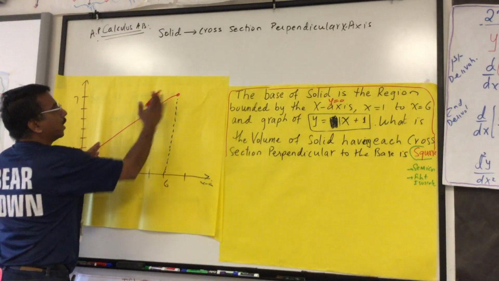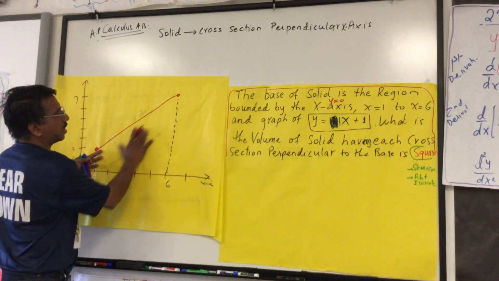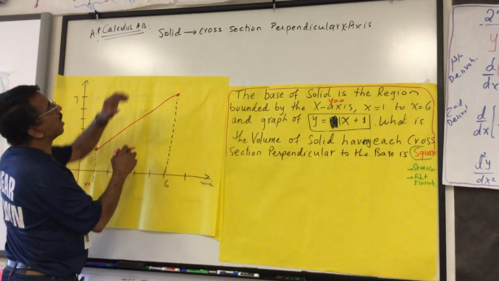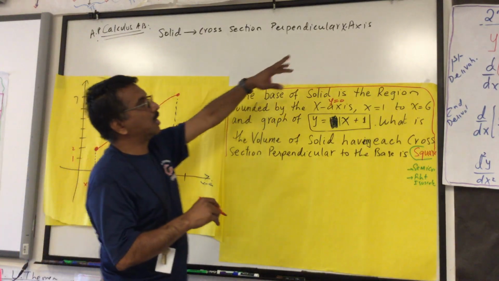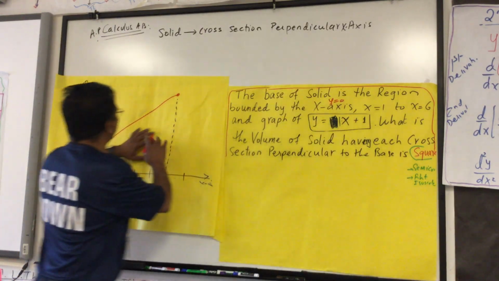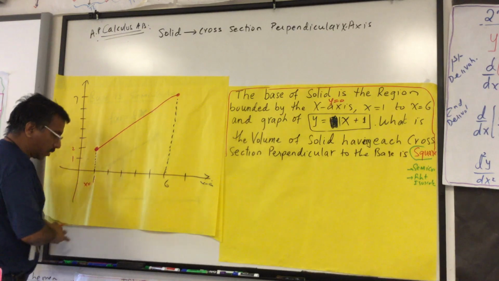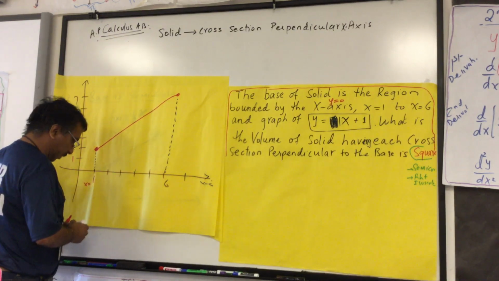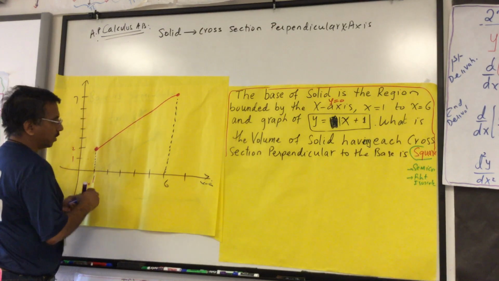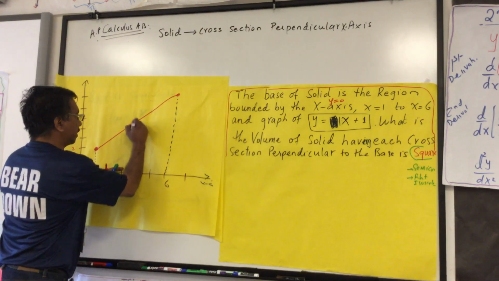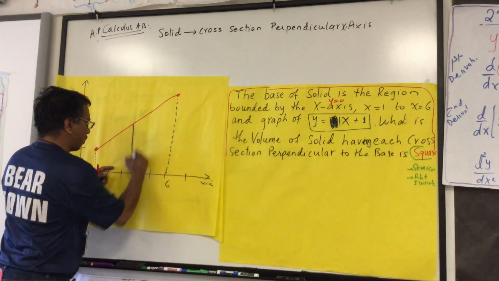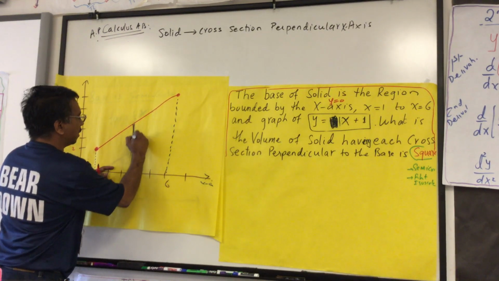So here I have a solid whose cross sections are perpendicular to the x-axis. How do I do this? We can take a typical base here, and I want to draw a square perpendicular.